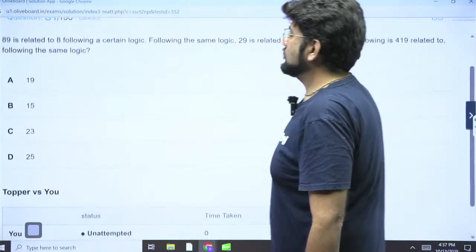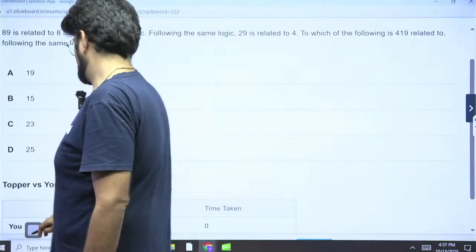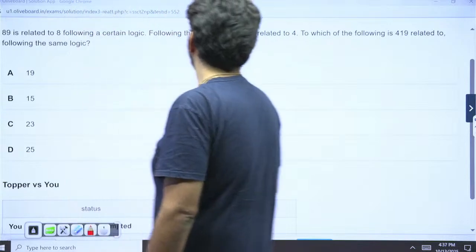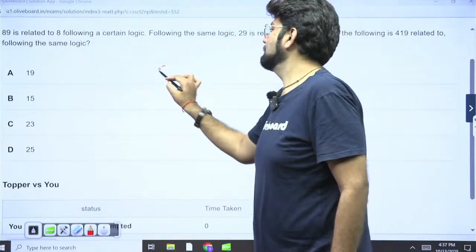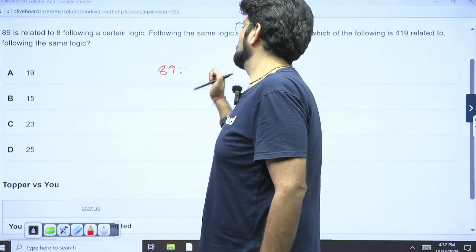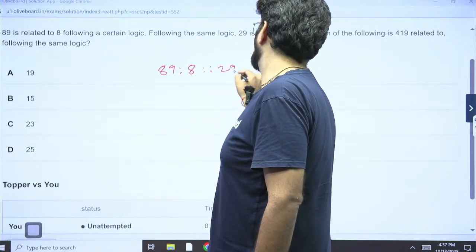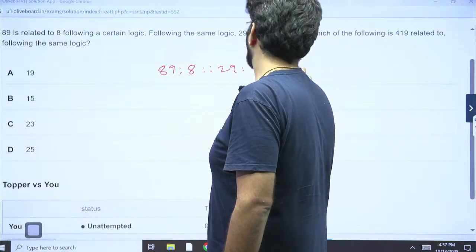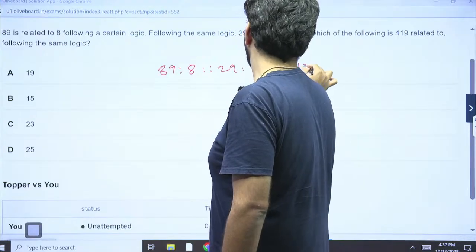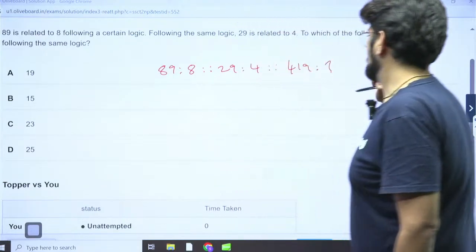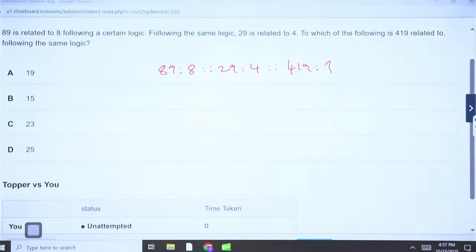89 is related to 8 following a certain logic. This is the question actually. 89, 8, 29, 4, 419, what?